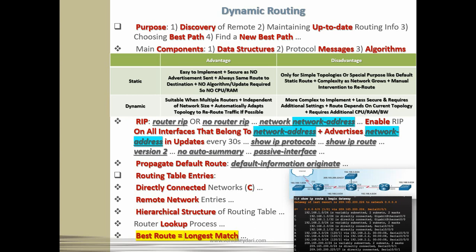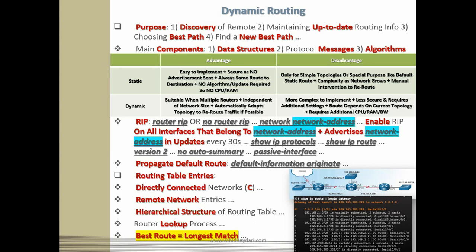And fourthly, the ability to find a new best path if the current path is no longer available. If the primary route fails, we want the backup route to take over. These four form the main purpose for having dynamic routing protocols.